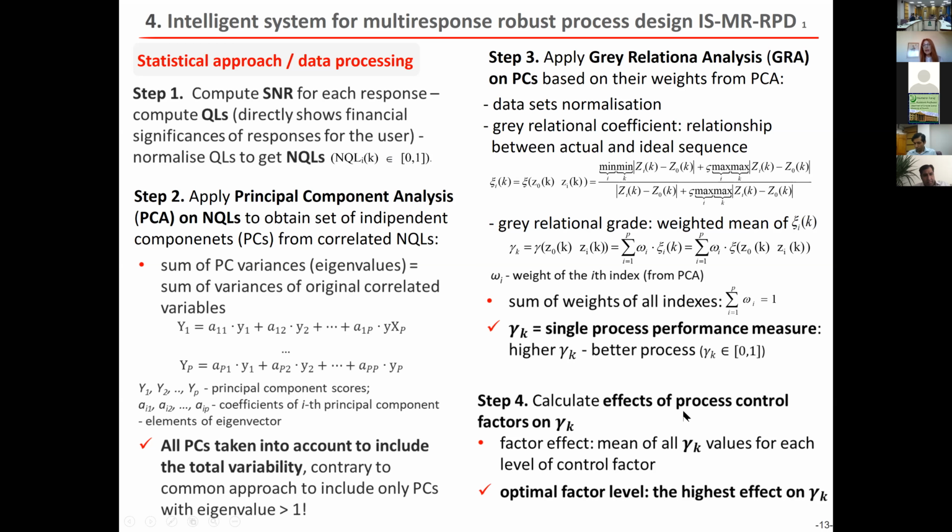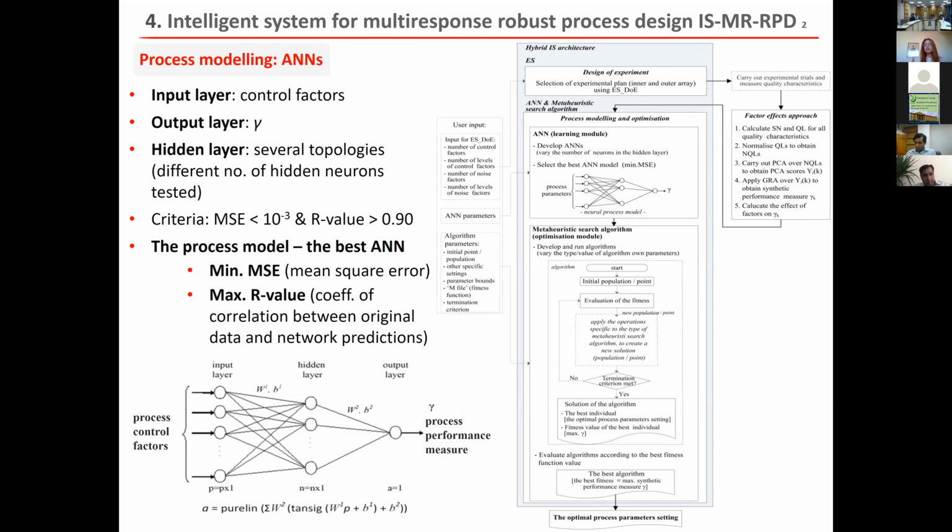Now, I can calculate the effect of process control factors on that process performance measure. So this is pre-processing. Then I need a process model. How will I develop it? Using artificial neural networks. At the end, I have this process performance measure that I have just calculated using this data pre-processing method.